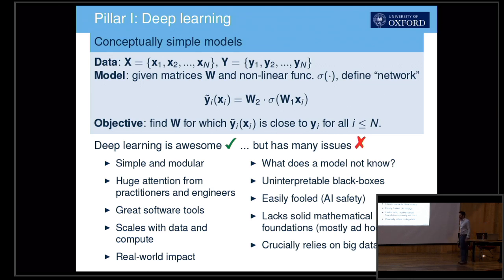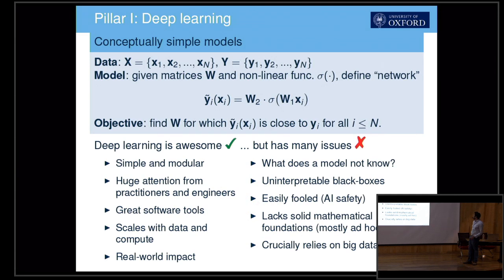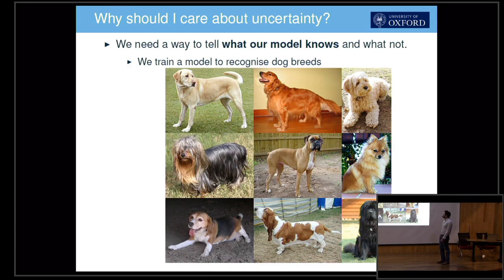They're mostly developed based on ad hoc techniques, and they crucially rely on big data. Surprisingly, if you had uncertainty at hand, then you could answer all of these different questions. I'm not going to talk about the statistics side today. I'm going to talk more about the application side. So let me try to convince you why you need uncertainty. What is uncertainty and why do you need uncertainty?